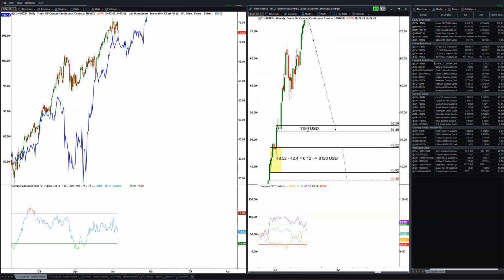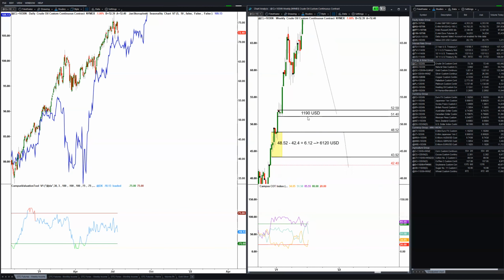And if you are allowed to take more risk, then you can trade more contracts, right? But then if you trade 2 contracts, you double that risk. If you trade 3 contracts, you triple that risk. And if you trade 4 contracts, you quadruple that risk.